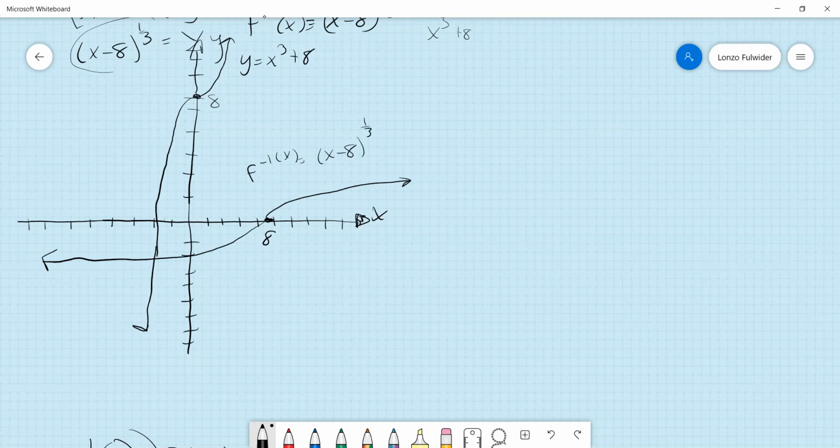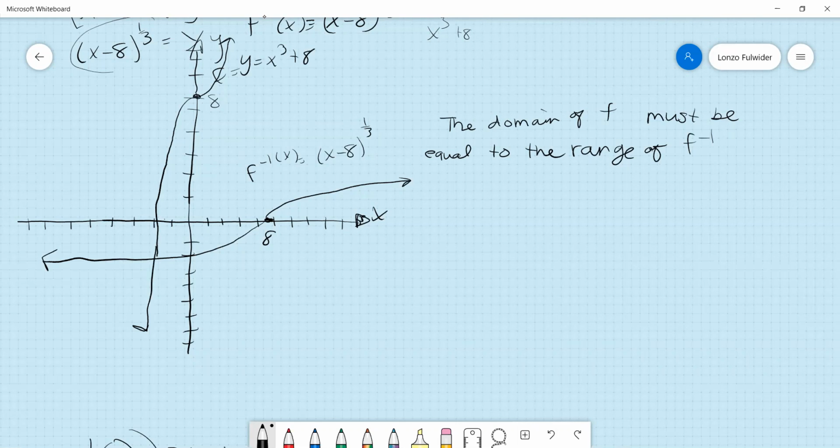Okay, so they didn't ask you for the domain, but I want to make sure you understand that remember, the domain of f, or y, because f is the same thing as y, must be equal to the range of f inverse.